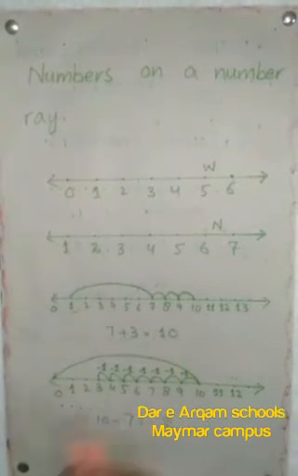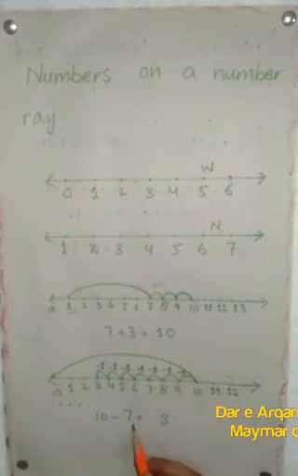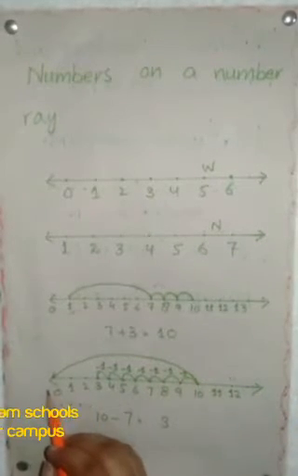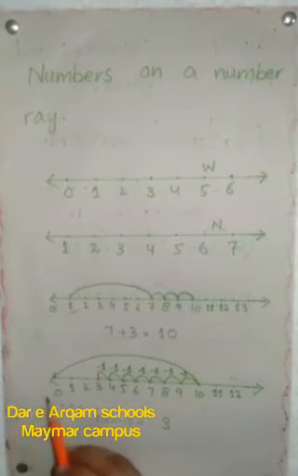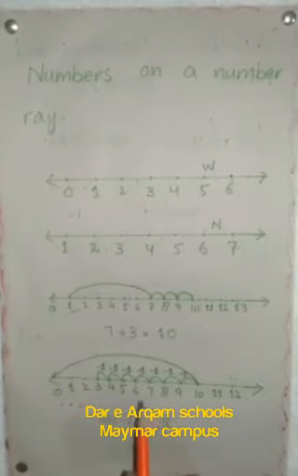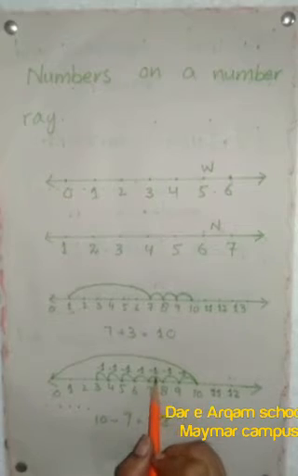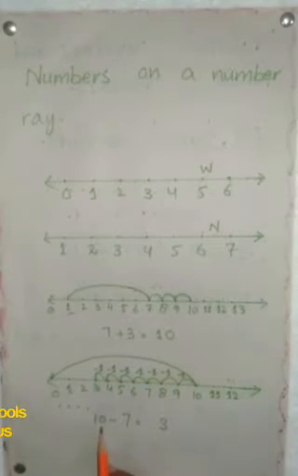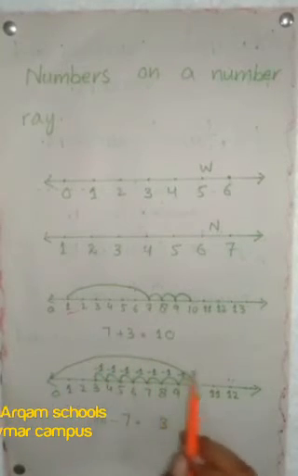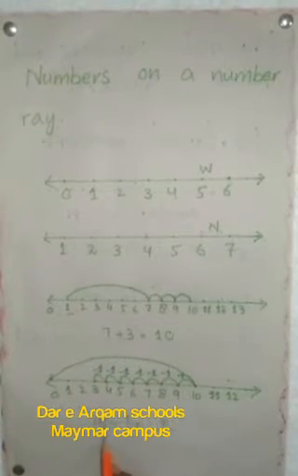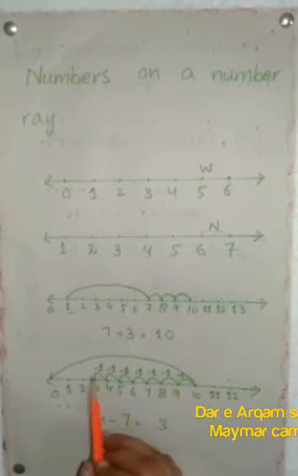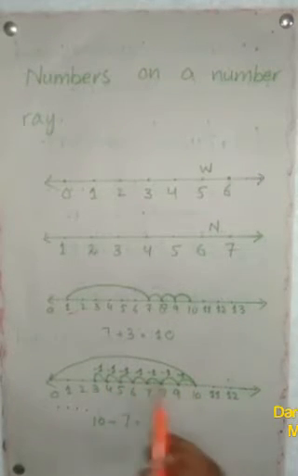And when we subtract any number on the number line, then we will move backward, means toward left hand side. The negative integers will be represented on the left hand side. Here you can see our first digit is 10, so you will mark the point 10 here, and for subtracting 7 you will move backward or towards left hand side.